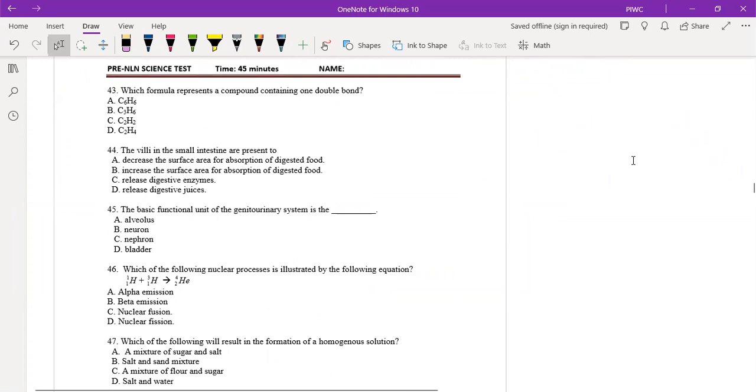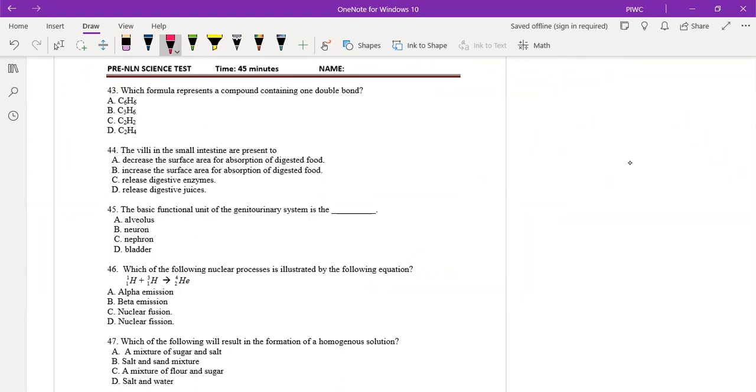You're getting there slowly. Which formula represents a compound containing one double bond? One double bond. Double bond. D. Okay, double bond.